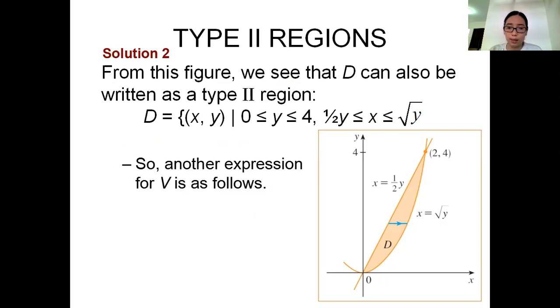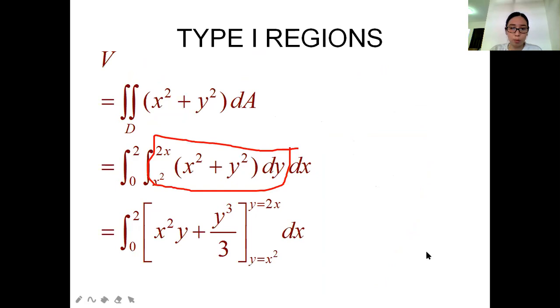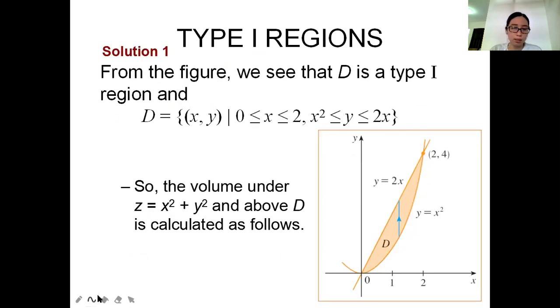So the given is y is equal to x squared. Now it becomes x is equal to the square root of y. We just rewrote it.